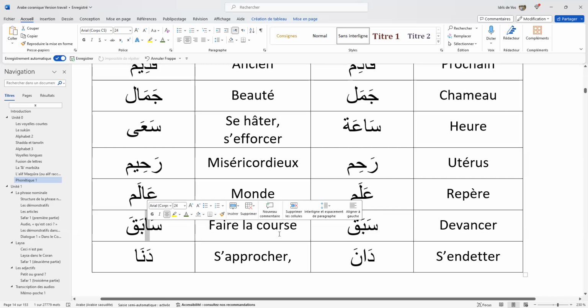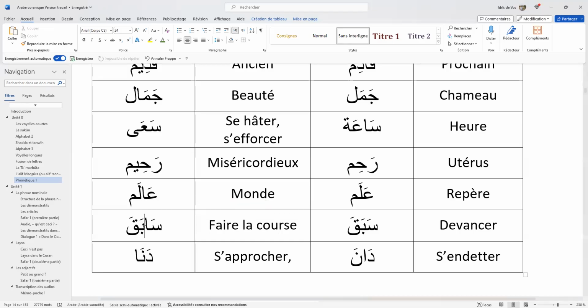Sabaka means to go ahead. Sabaka means to make an effort to go ahead. And what's interesting is that in this lengthening of the language, we have, phonetically, this tension, since it's sabaka, this effort towards something. And so, sabaka, to go ahead, and sabaka, to make an effort to go ahead, that is, to race, to try to get ahead of someone.